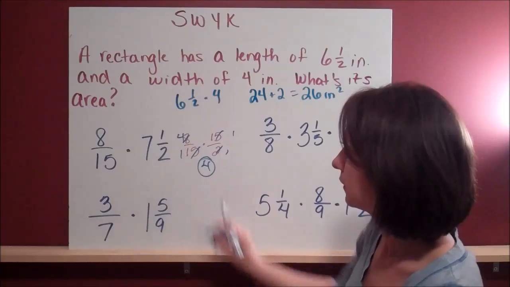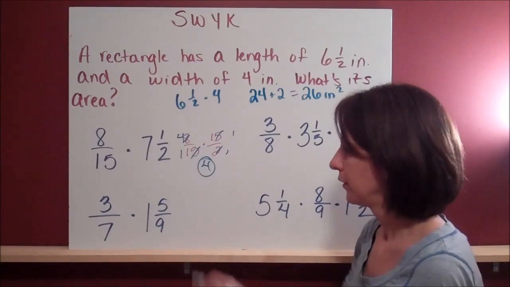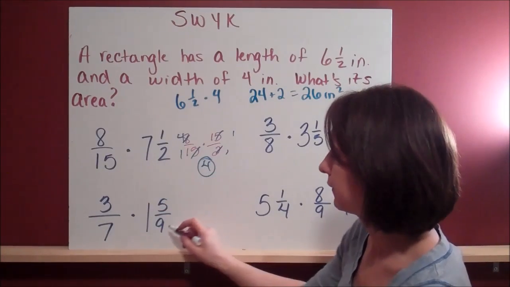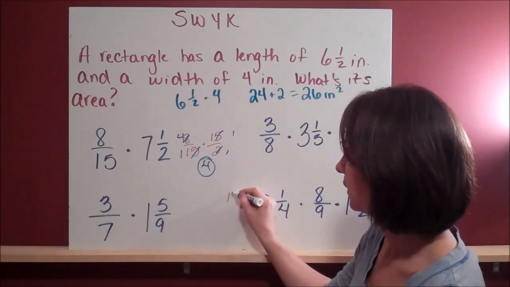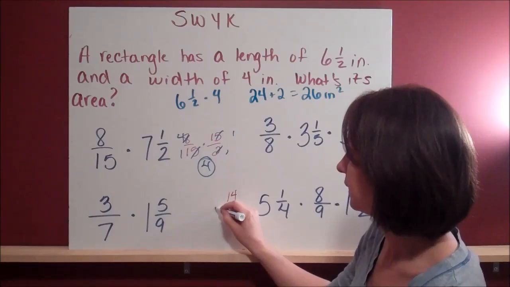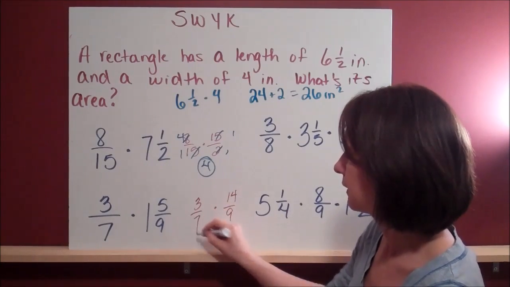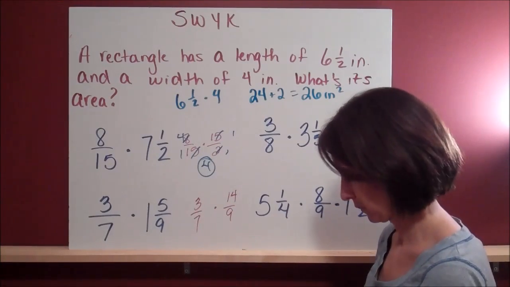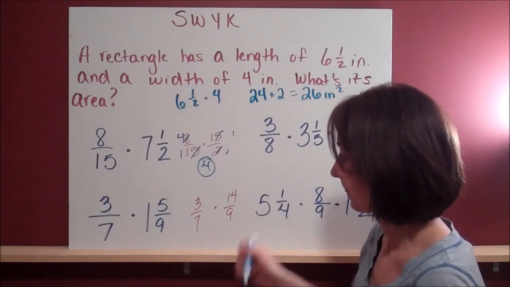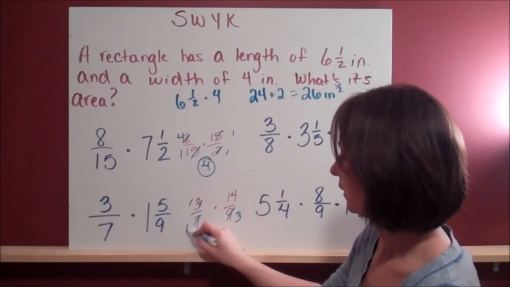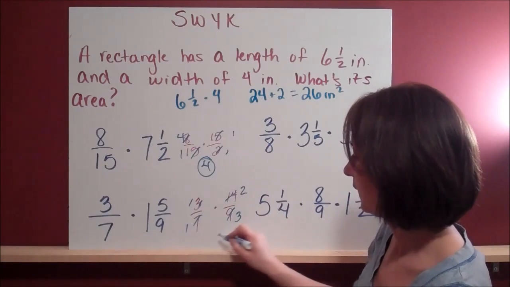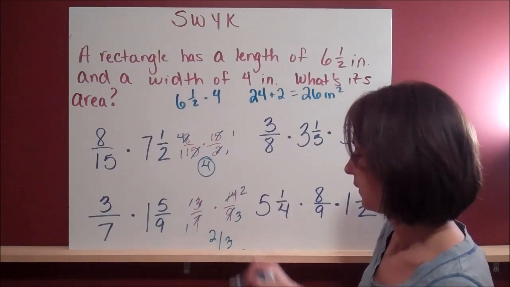The answer is 4. 3/7 times 1 and 5/9, 9 plus 5 is 14. So I'm doing 14/9 times 3/7. And simplify 1 and 3 and 1 and 2, and the answer is 2/3.